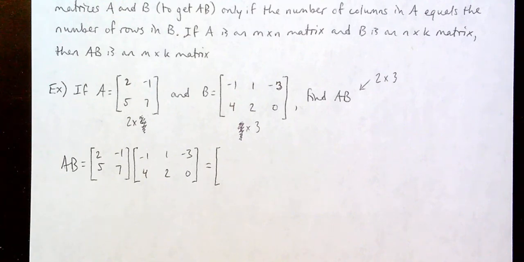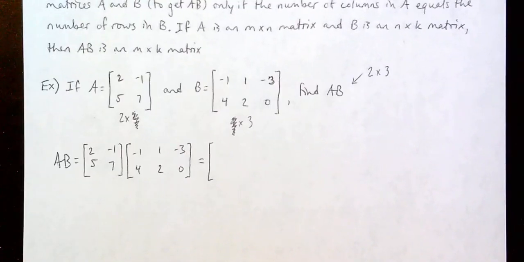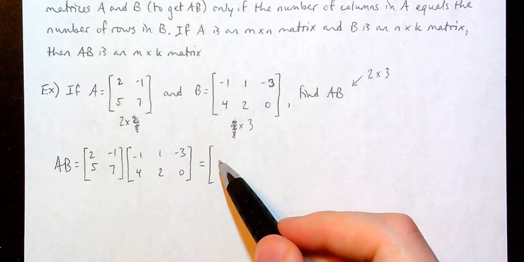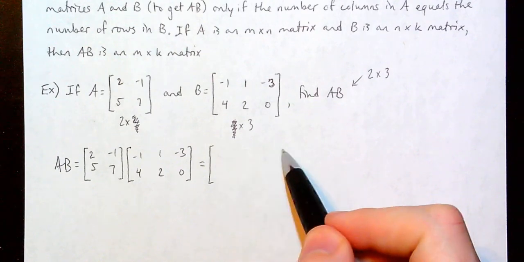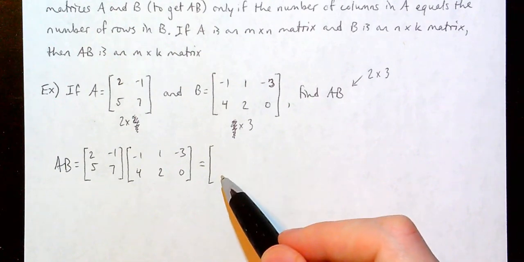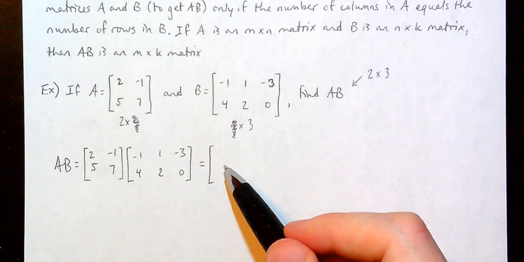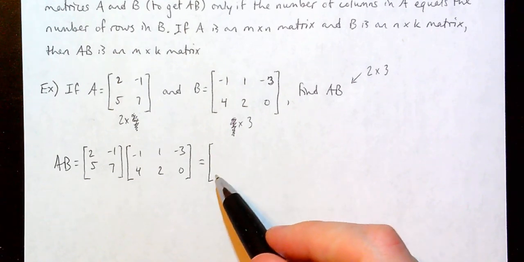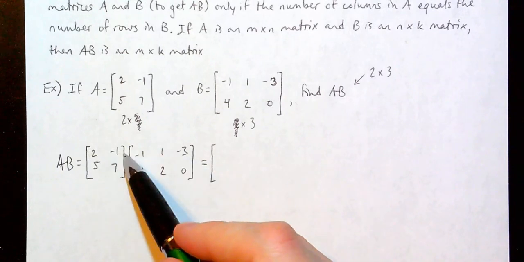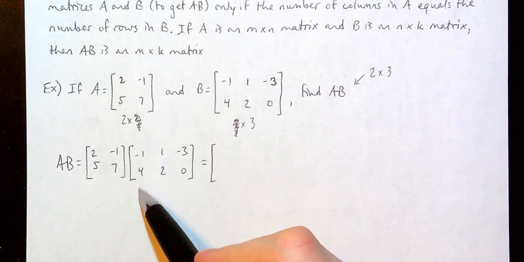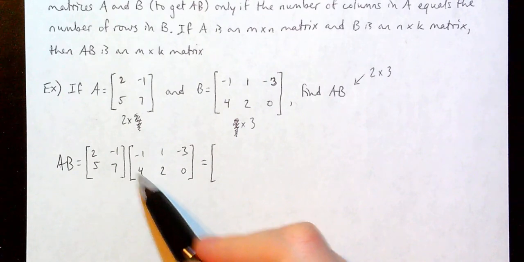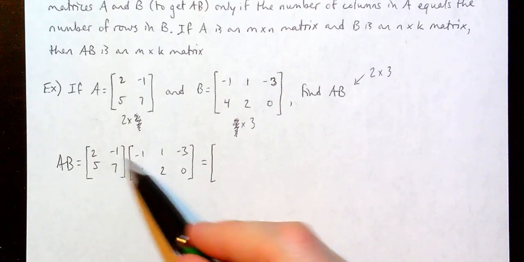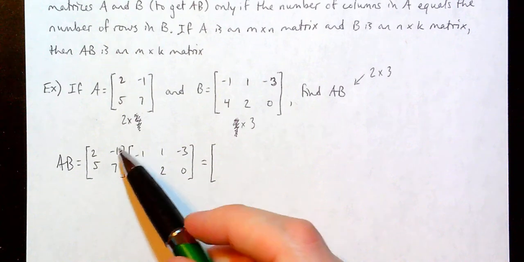So now on to actually finding the elements of our product matrix. I'm going to find the element that's in the first row and first column of this matrix. If you want the entry in the first row and first column of your product matrix, you're going to look at the first row and the first column in your 2 matrices that you're using to find your product.